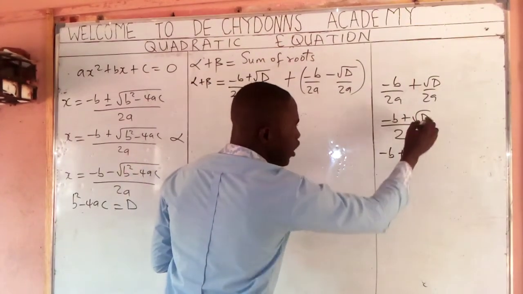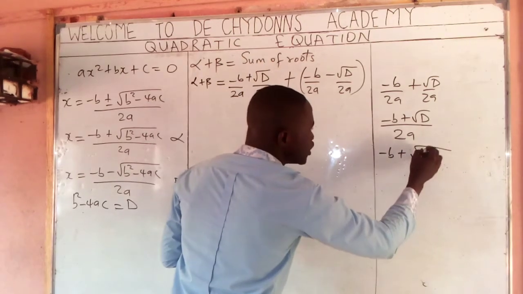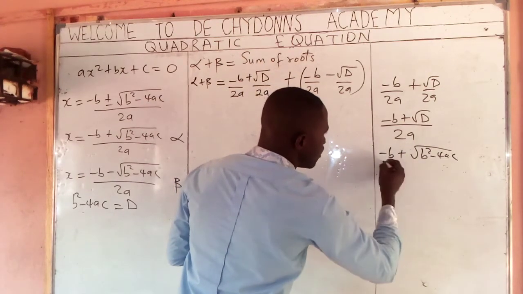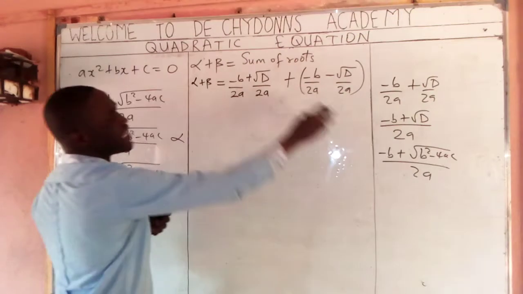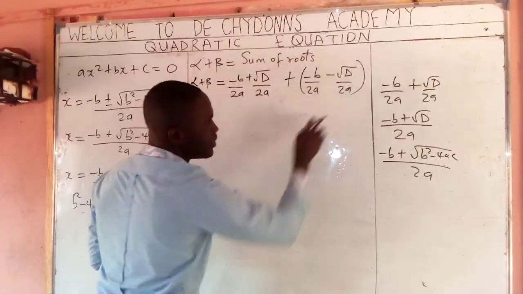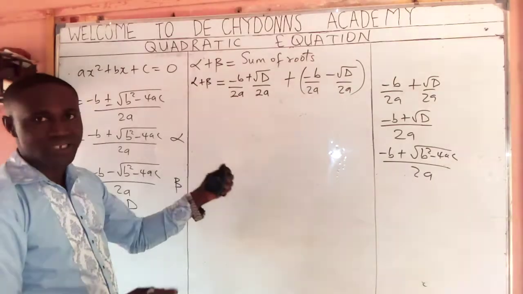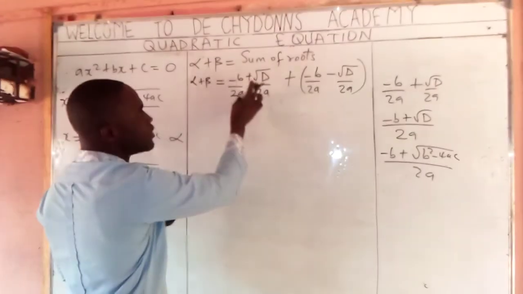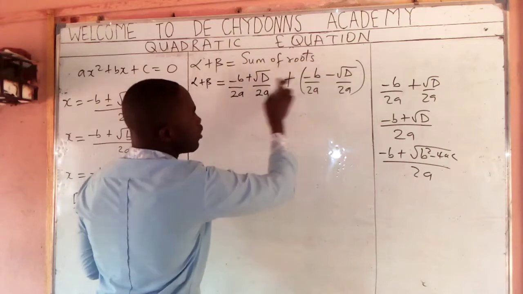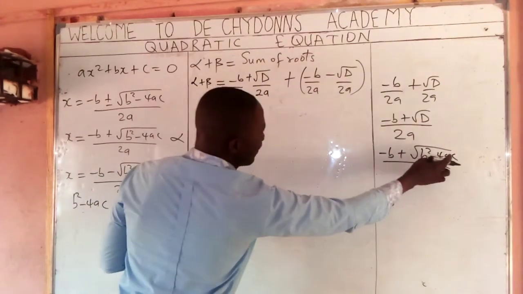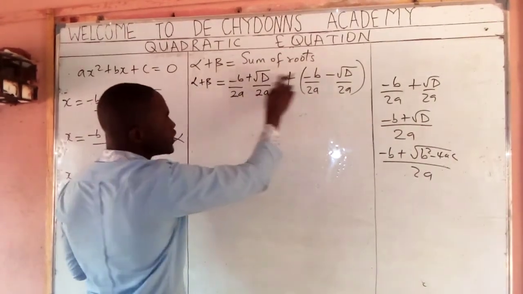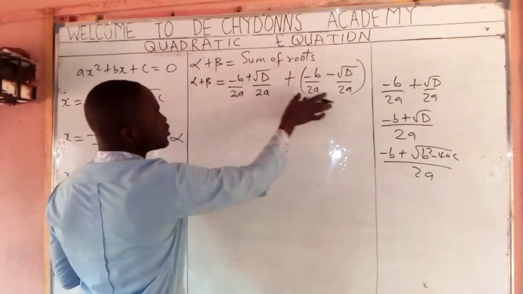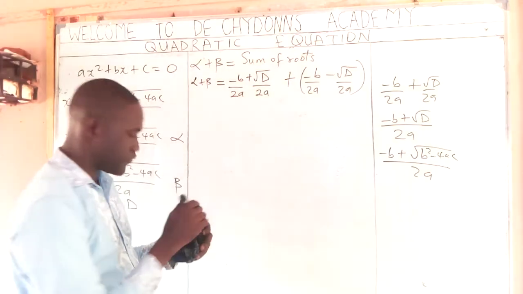Then for the one of D, D means b square minus 4ac all over 2a. That is how I got what I am writing here. Please, we did not do any magic here. We just packaged it well such that we will not be seeing the difficult or big statement b square minus 4ac anymore. We replace it with D. I package it here so that it will be simpler to solve.